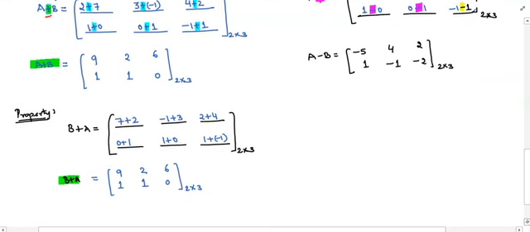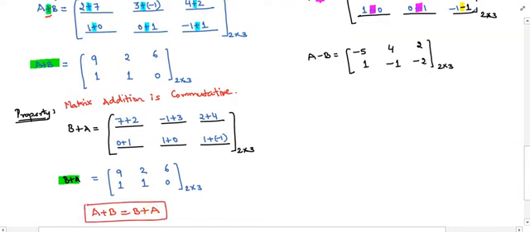So this shows the property that matrix addition is commutative. What does it mean? If you write A plus B or B plus A, it doesn't matter. It is same. So this is the commutative property.